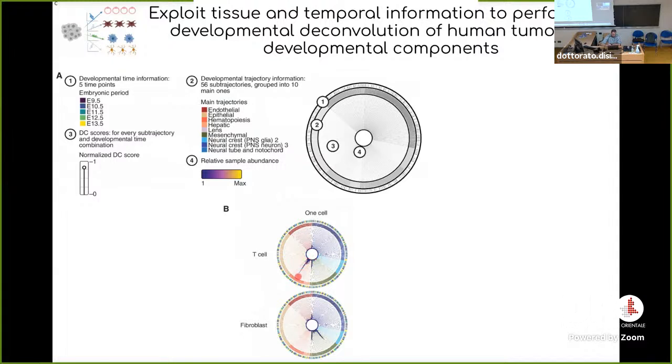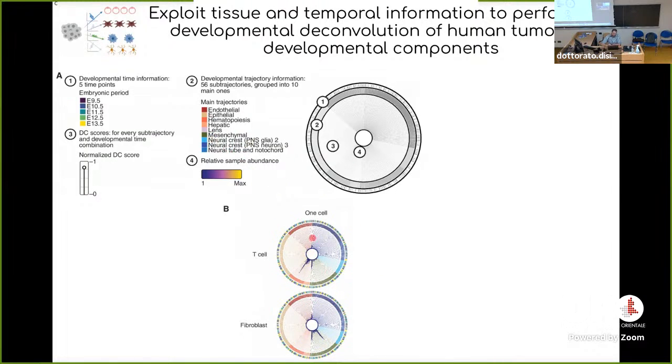What I want to draw your attention to is the difference between the spike present in T cells, in the portion of the circle that is hematopoiesis, versus the spike present in the fibroblast, in this green portion, which is the portion of the mesenchymal cells.